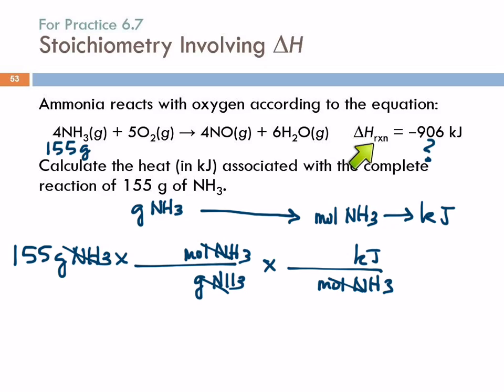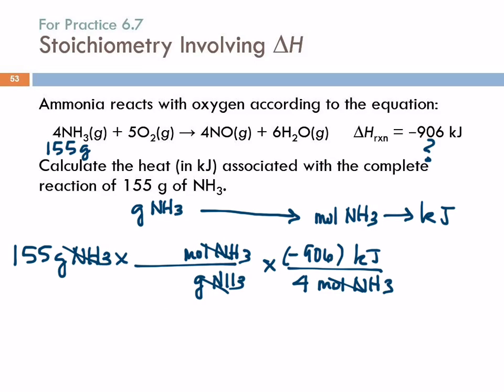This delta H is telling me minus 906 kilojoules for 4 moles of ammonia. I put the parentheses around that just to kind of call attention. There is a minus sign in there.